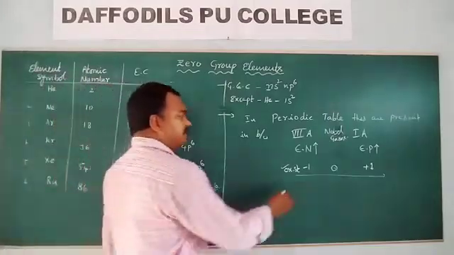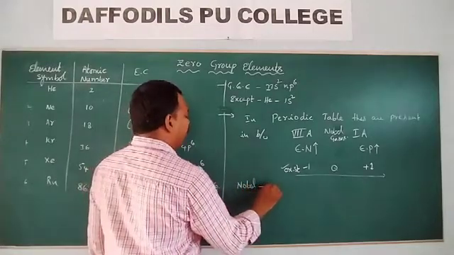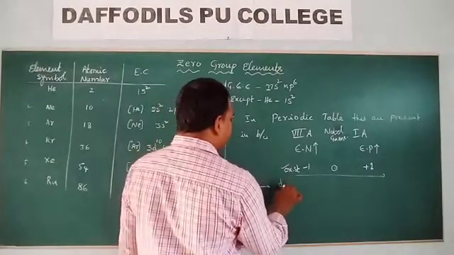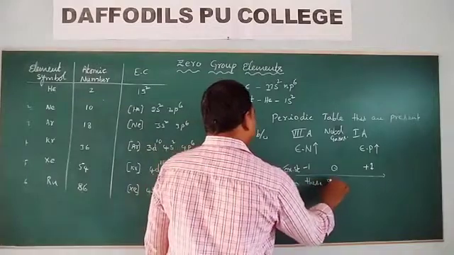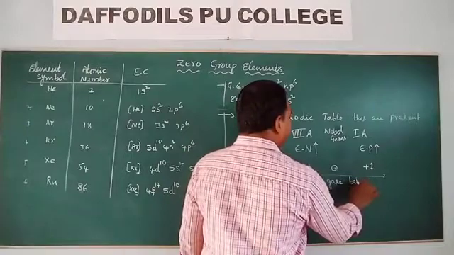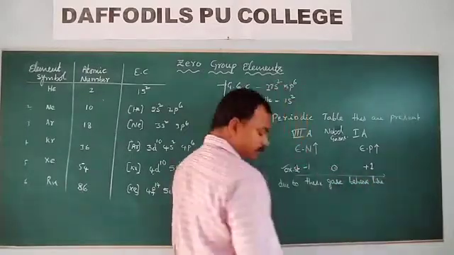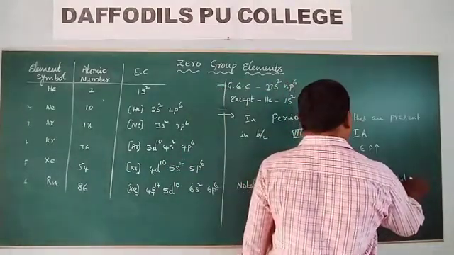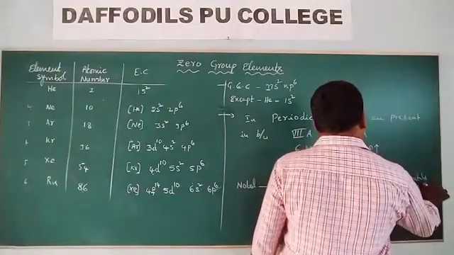Why are these called noble gases? Why are helium, neon, argon, krypton, xenon called noble gases? Because these gases behave like noble metals, like gold and platinum.